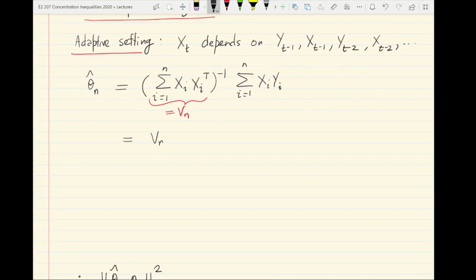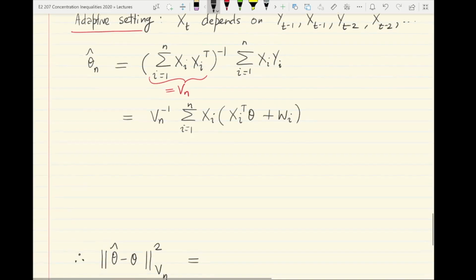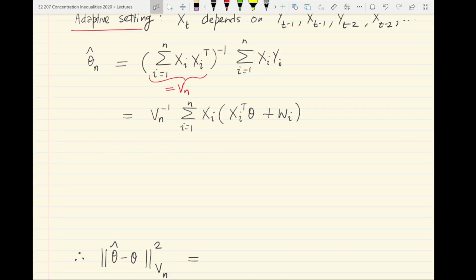So we can write this as Vn inverse, and by definition we can expand yi as xi transpose theta plus wi, because that's the assumed linear model for the yi's. The wi's are IID normal 0, 1.